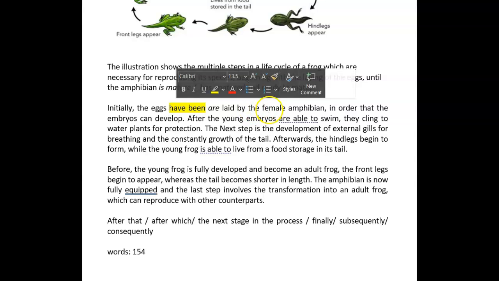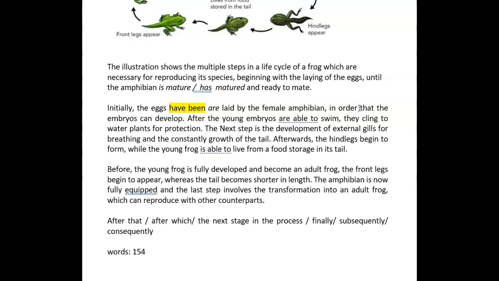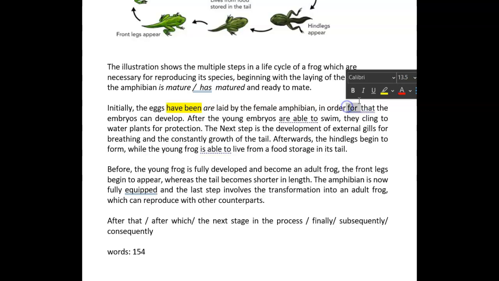The eggs are laid by the female amphibian in order for the embryos to develop.